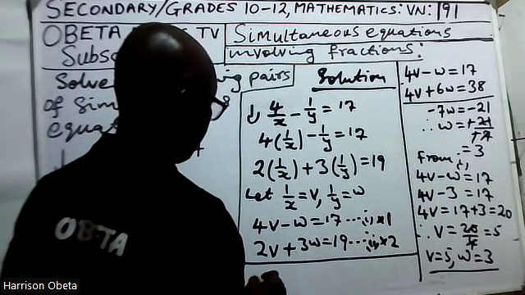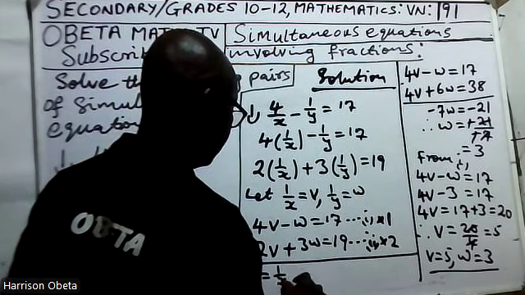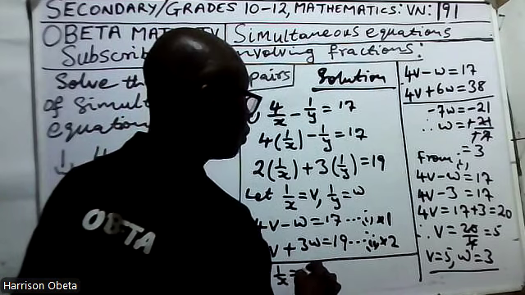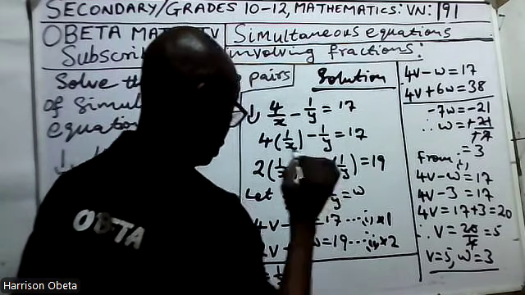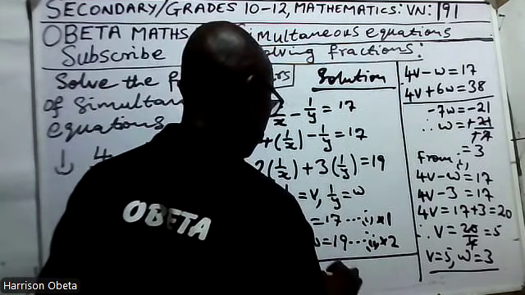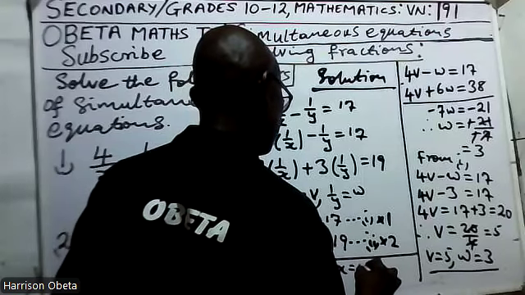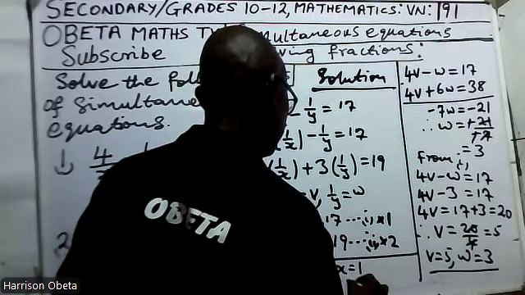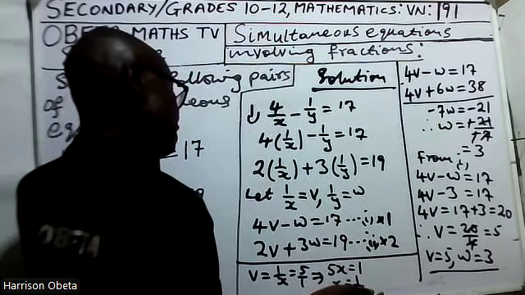We have v is equal to 1 over x, which is equal to 5. You can call it 5 over 1. And that will lead us to 5x equal to 1. x is equal to 1 over 5. We have gotten our first answer.